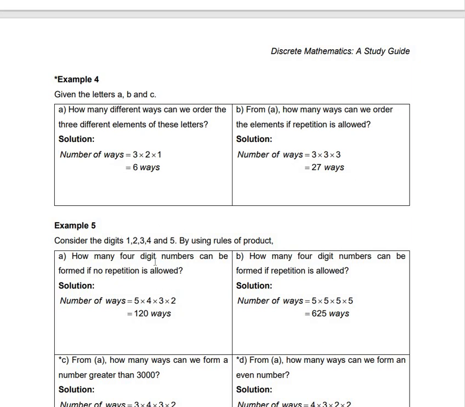Bilangan huruf 1 sampai 5. Berapa bilangan huruf yang you ada? 5. Nak isi 4 tempat. So, tempat yang pertama, repetition is not allowed. Tempat yang pertama, kita akan ada 5 pilihan sebab kita tak pilih lagi. We not choose any numbers for the first place. So, means that you ada 5 choices dekat sini.